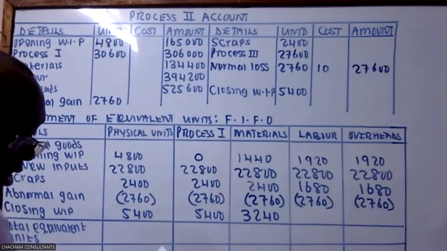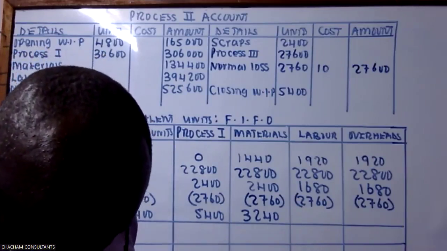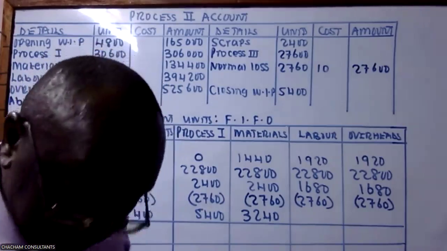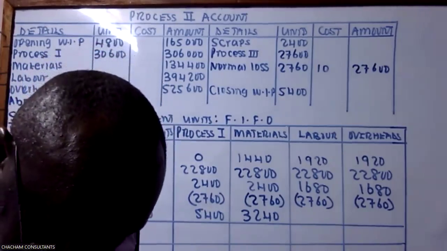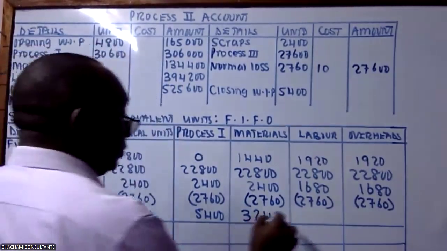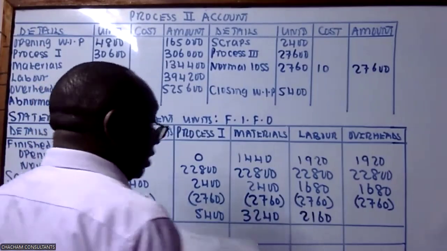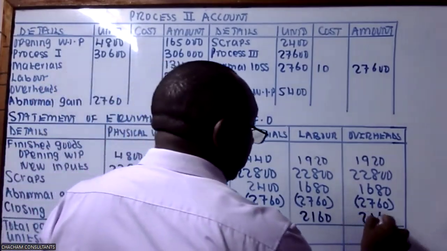Then 40% of 5,400. It's 2,160. And the same case here, 2,160.